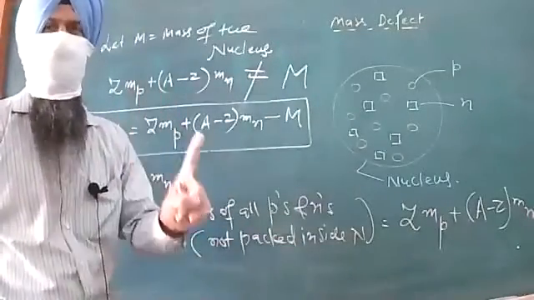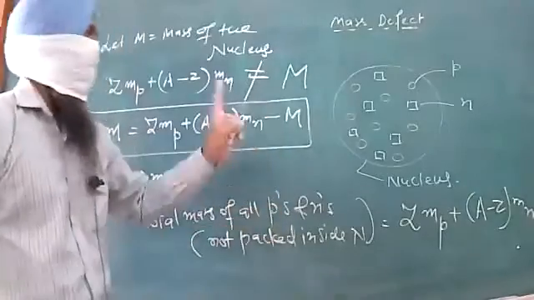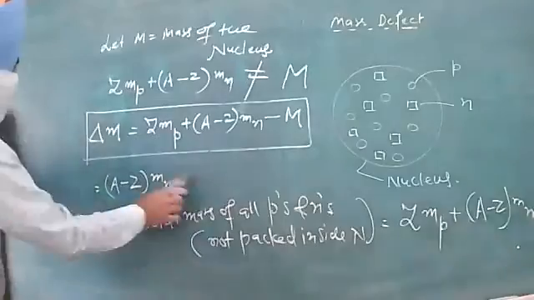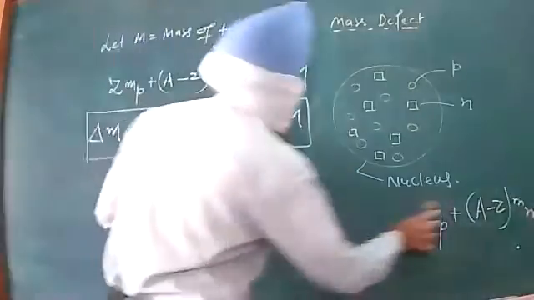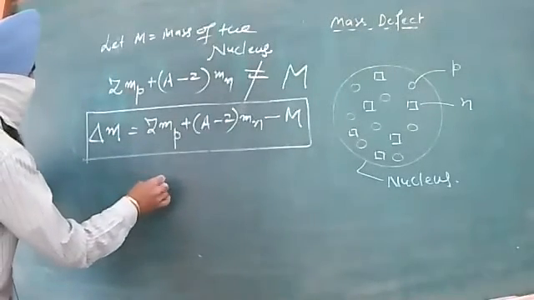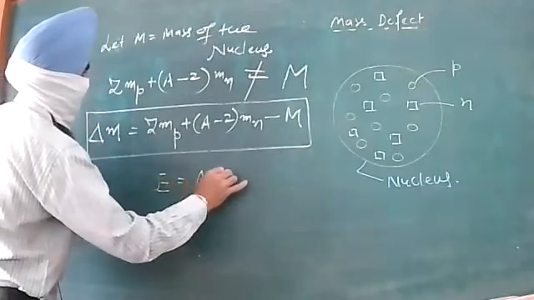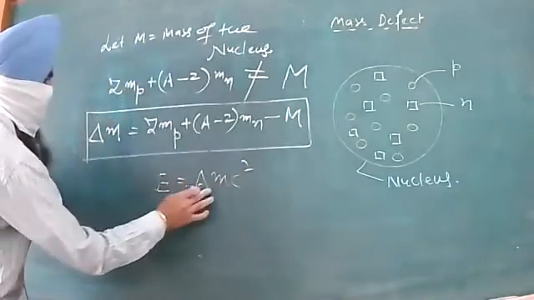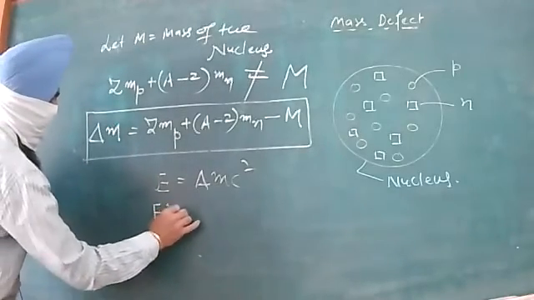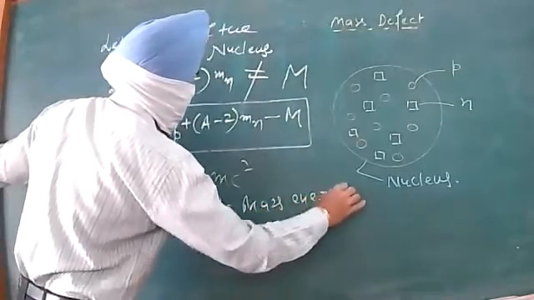We here cannot say that the principle of conservation of mass is violated. No, here, according to Einstein's mass energy relationship, I can give you an idea about that so that no confusion may be left. We have discussed in our previous class that E is equal to delta m c square. This was Einstein's mass energy relationship.